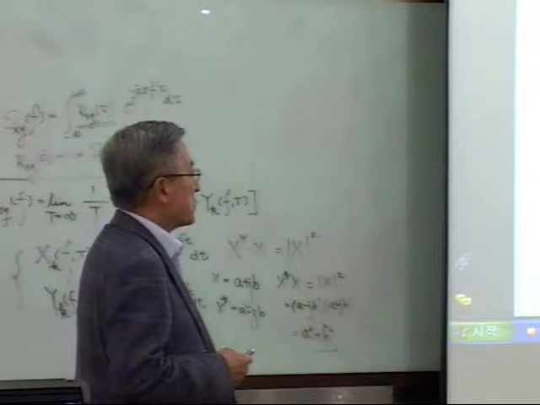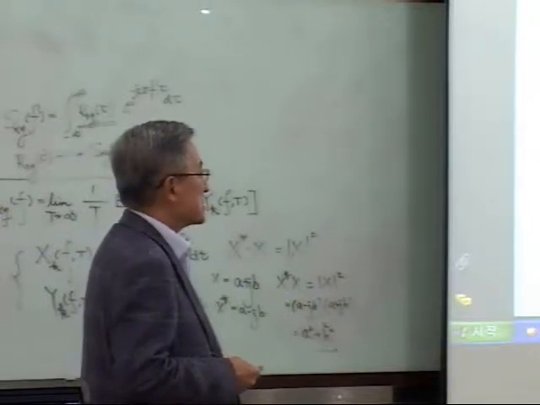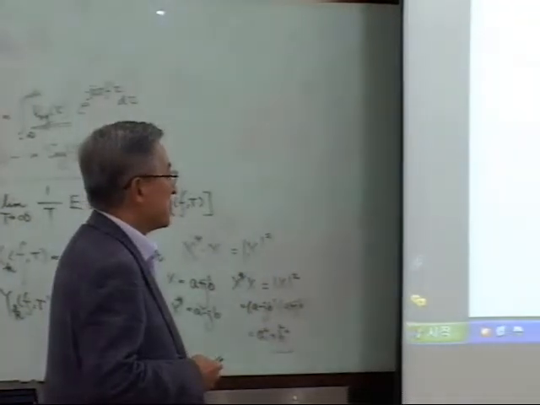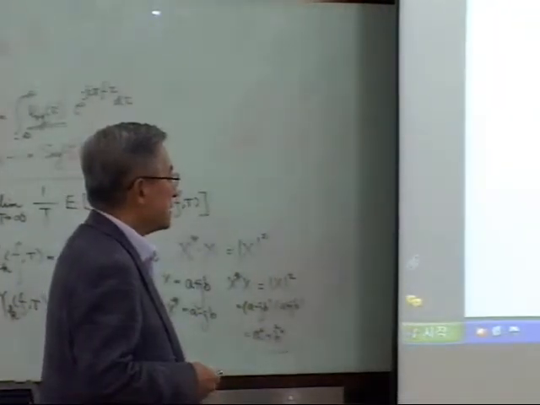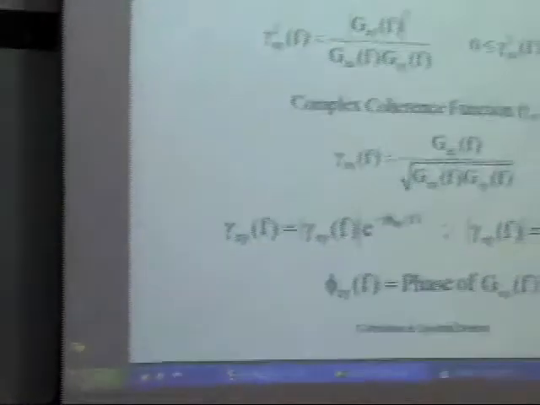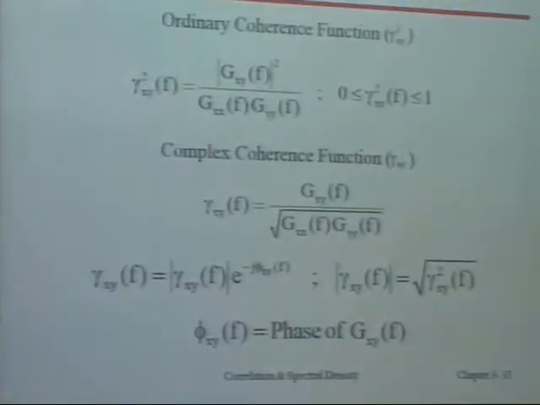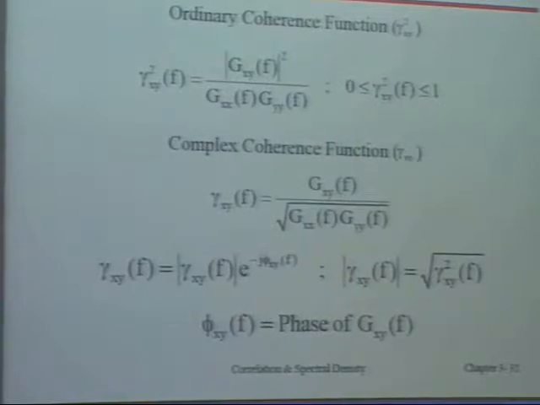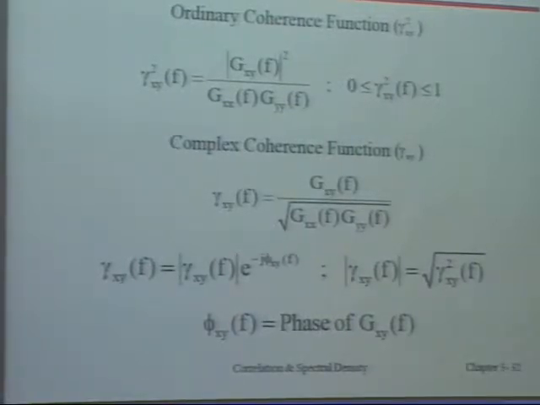It just squares it. If you take the square root here, then gamma xy is called the complex coherence function. Okay? It's similar to gamma xy squared. And of course, it could be complex here.